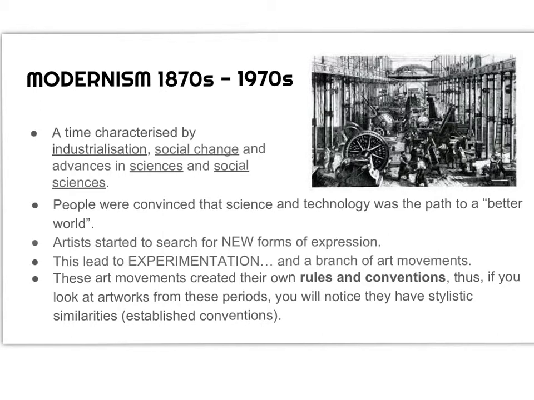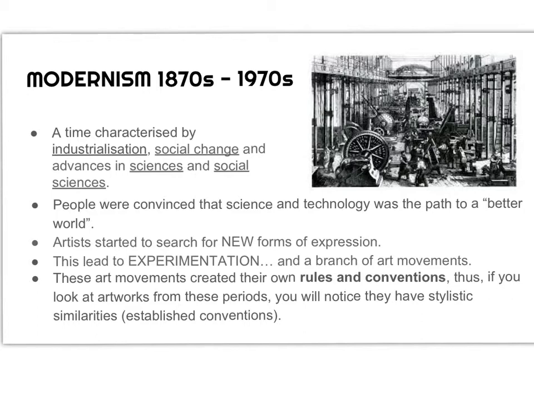Industrialization had occurred in the late 19th century, causing social change, a lot of technological advances, and basically the developments that were being created from this were having a ripple effect into society and culture at large. Now, at the time, people were convinced that these developments in science and technology were a path to a better world.